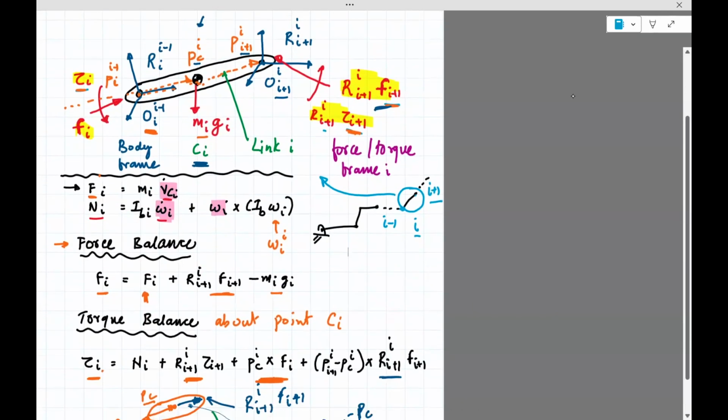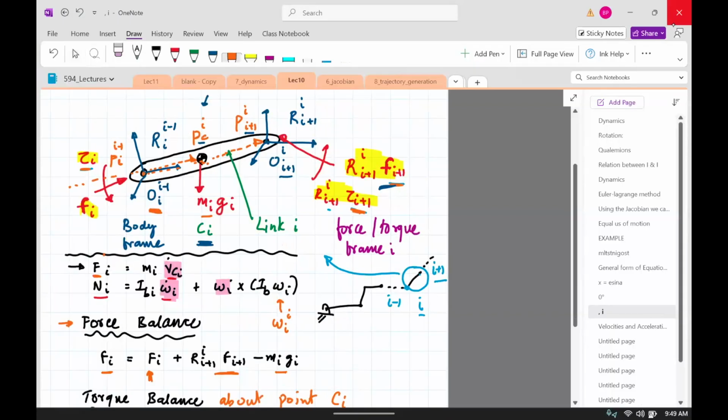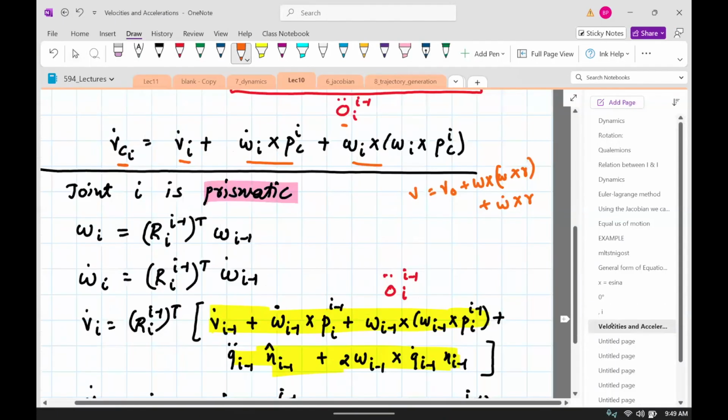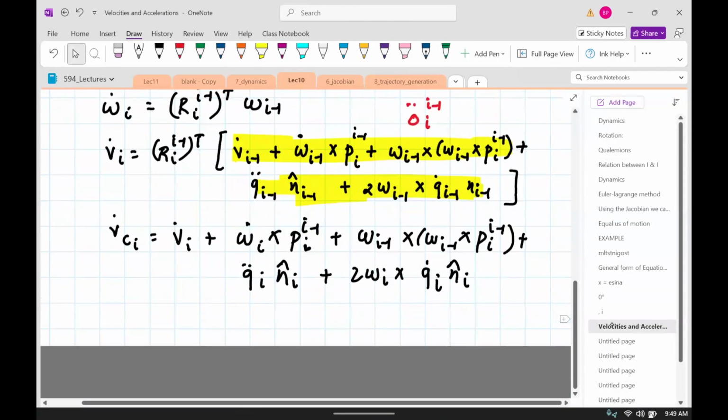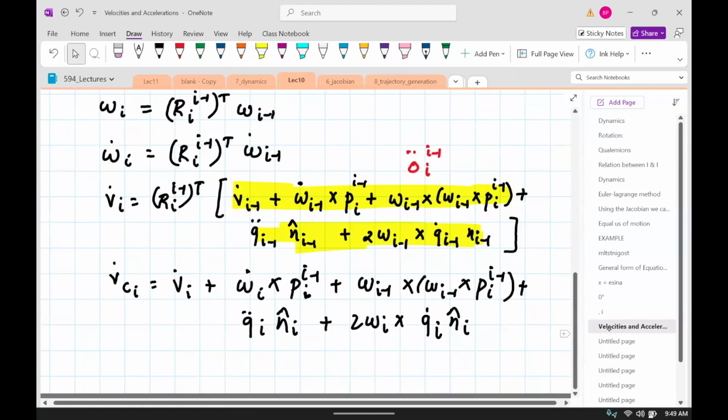But now that we know the force torque balance, which is basically dynamics, and we have the linear and angular velocity, how do we proceed? Well, what we need to do is two recursions. One recursion we've already talked about.